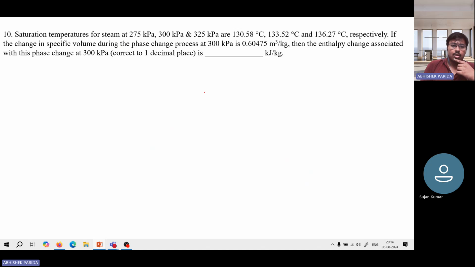So these are all saturation pressures, and these are the corresponding saturation temperatures.